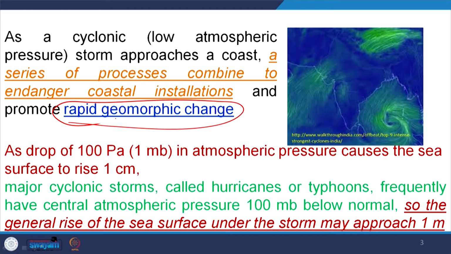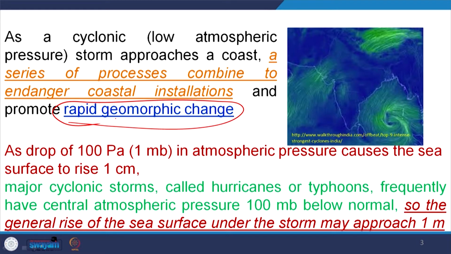However, though it is rapidly modified, those modified geomorphic systems will not sustain forever. They will be there for a very limited time period, and finally they will be modified by other processes. So, during cyclonic storms, whatever changes take place along the coast happen in a rapid form.